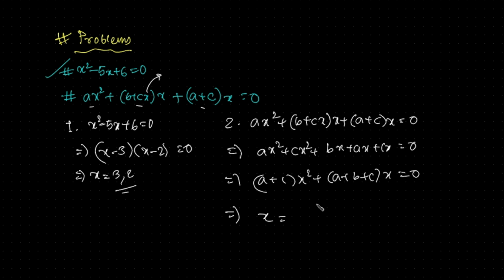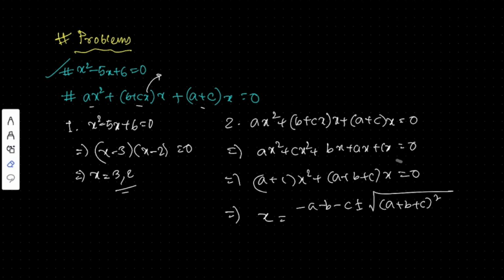Using the Sridhanacharya formula, x equals minus (a plus b plus c) plus minus root of b square minus 4ac. A is something but c is 0. Just notice here, the constant term is missing. Therefore it is 0 only. Whole divided by 2 into (a plus c).